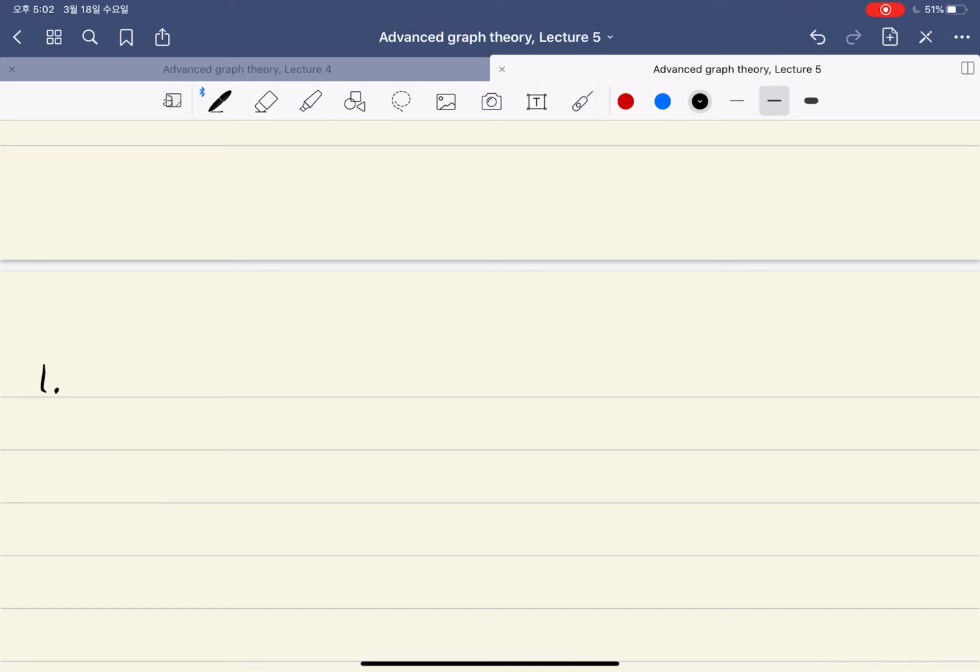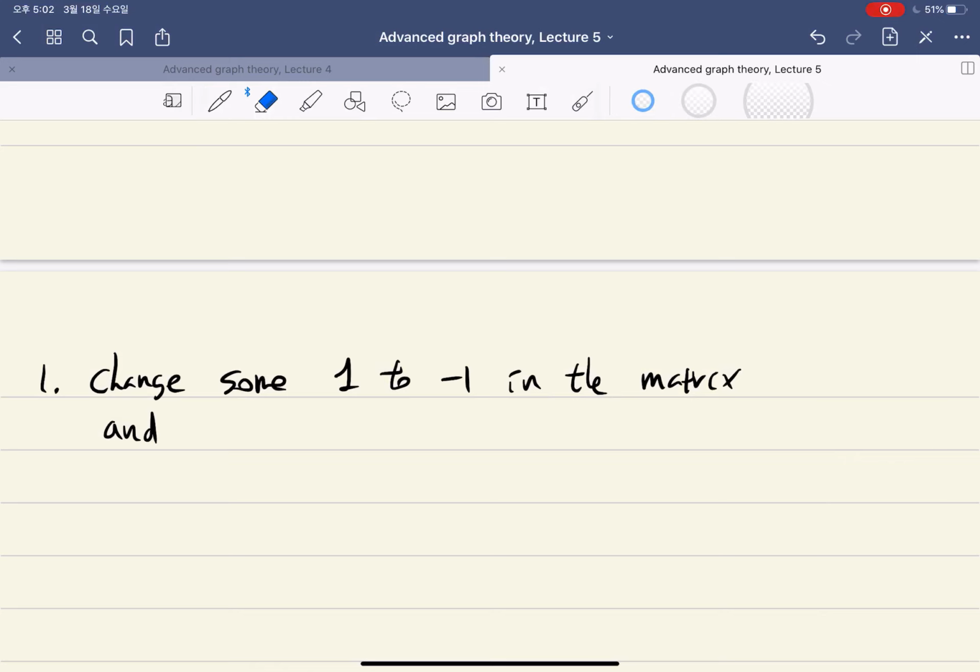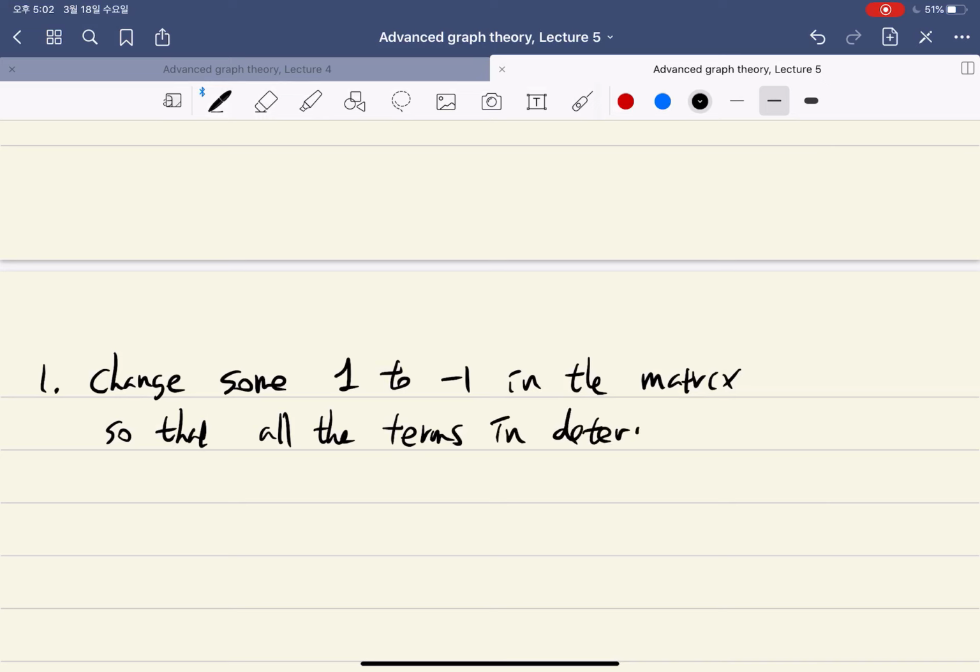So one of the possible ways is that we change some 1s to say -1 in the adjacency matrix, so that all the terms in the determinant calculation have the same sign.